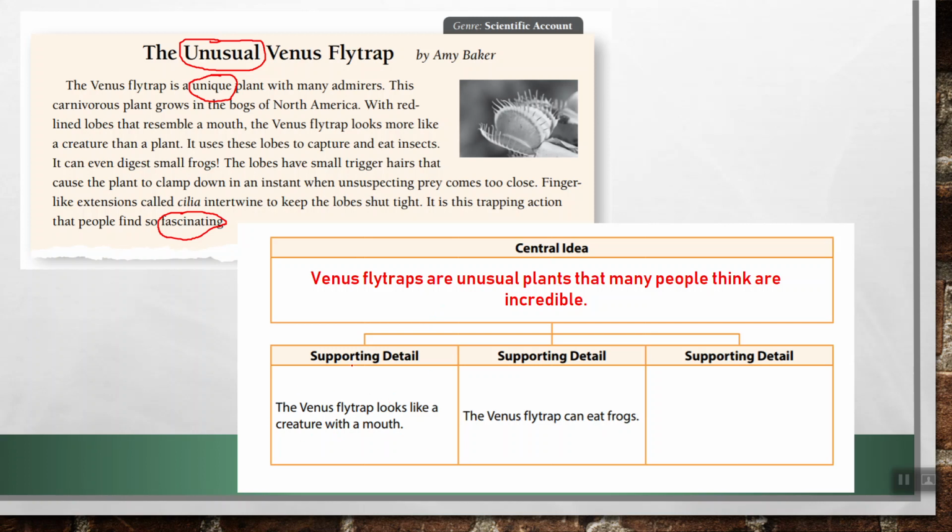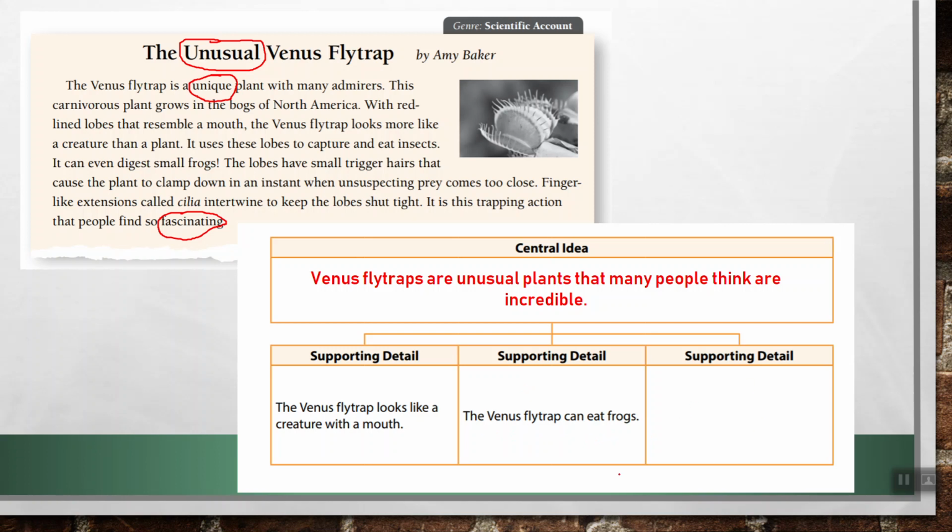Plants do not usually look like they have a mouth, that they could eat something. Another detail that helps expand on the idea that Venus flytraps are unusual and incredible is that Venus flytraps can eat frogs. I've never seen a plant eat a frog. That's pretty unusual and kind of incredible.